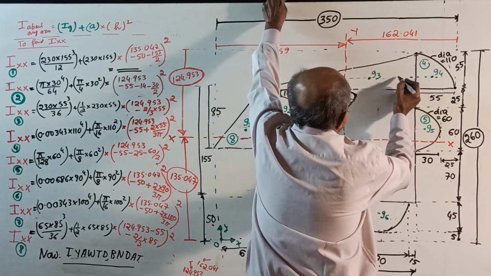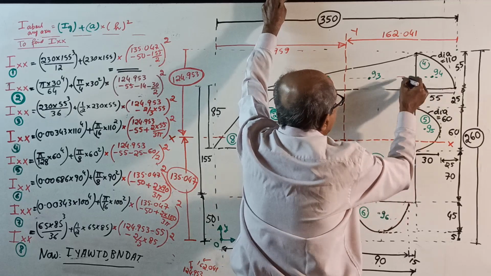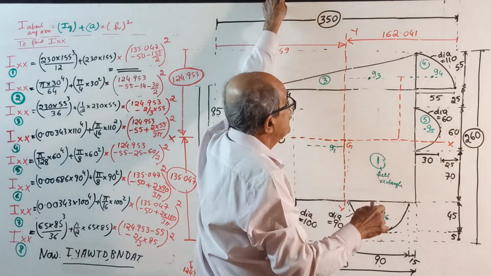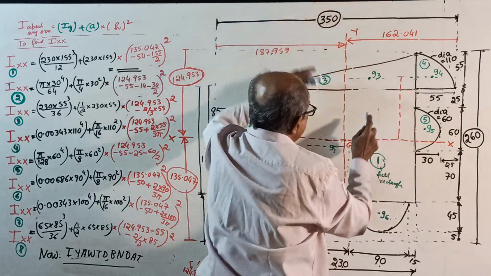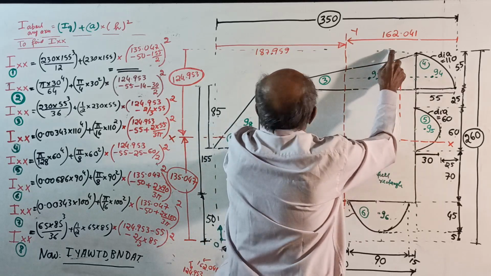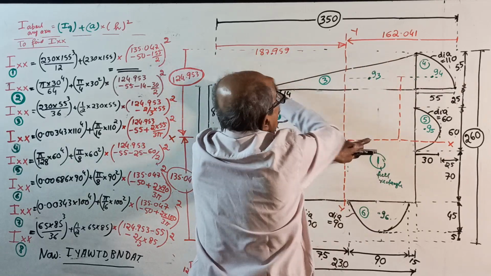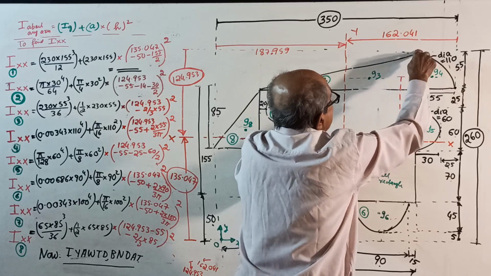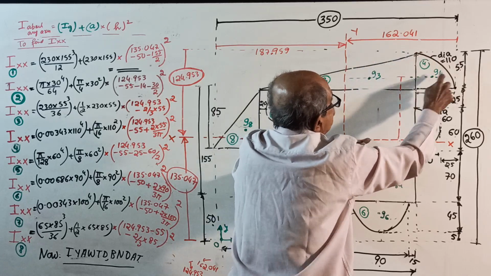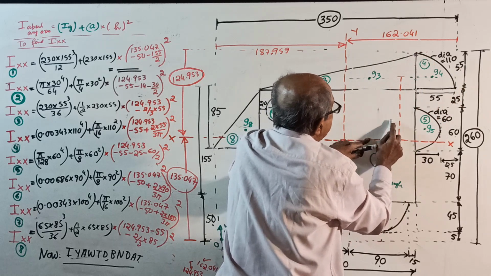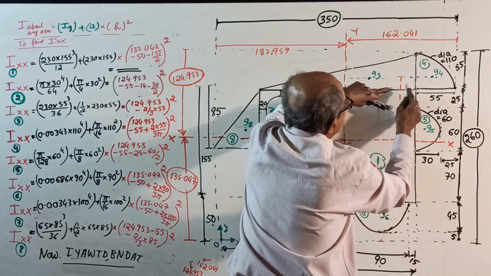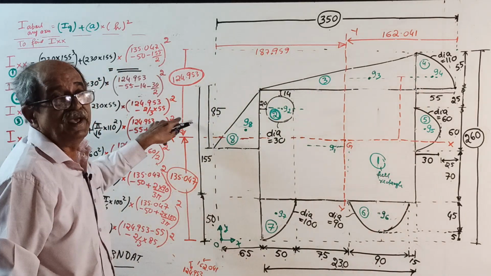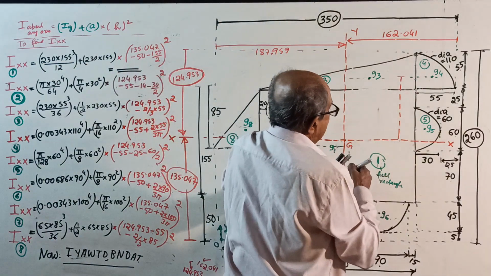From the centroid to this xx axis, this distance squared, be careful. Take a pencil and mark it. That distance: the full distance is 124.953. From that distance, subtract this distance, 55. You will get this distance. Then plus 2d by 3π, whole square.